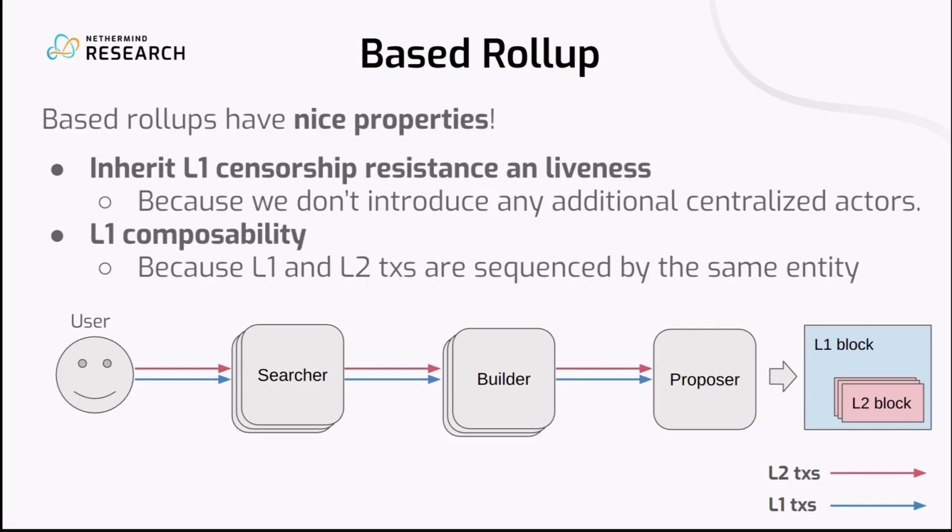Based rollups have really nice properties. First, they inherit the L1 censorship resistance and liveness, because we don't introduce any additional centralized entities to this whole pipeline. There is no centralized sequencer here. So as long as L1 is live and not censoring, the L2 transactions are also not censored and live.